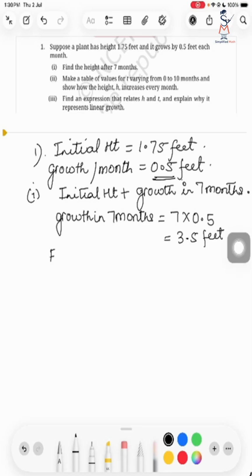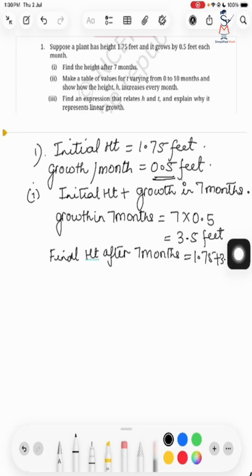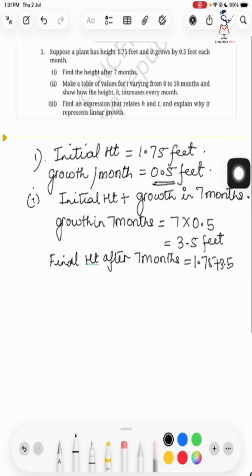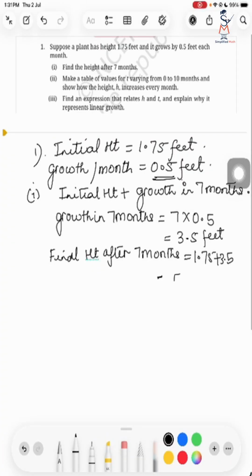So final height after 7 months, initial height, that is 1.75 plus 3.5. This will turn out to be 5.25 feet. Feet we have to write because that's the unit given.